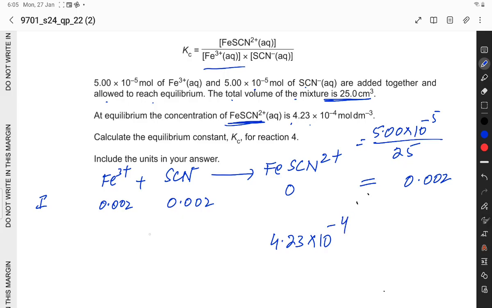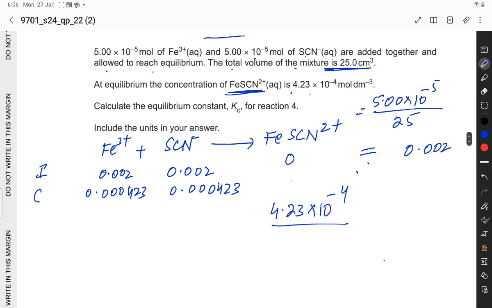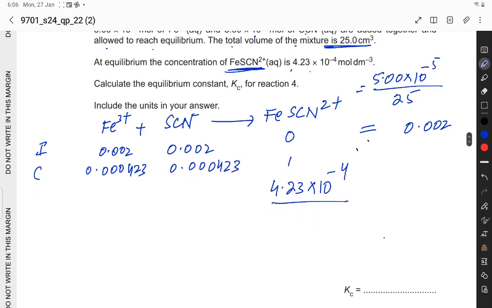So if the product is formed, the reactant used up is 0.000423, and with the 1:1 ratio this is also 0.000423. This is the change. If we subtract it from 0.002, at equilibrium the concentration would be 0.001577, and this is also 0.001577.